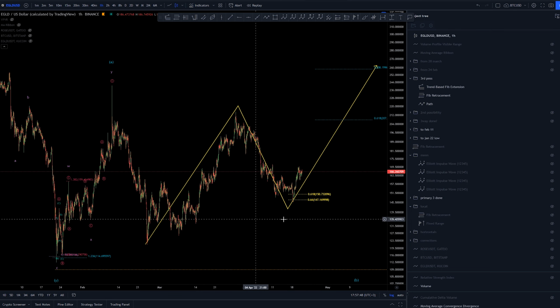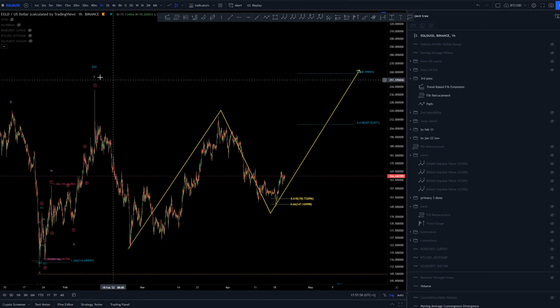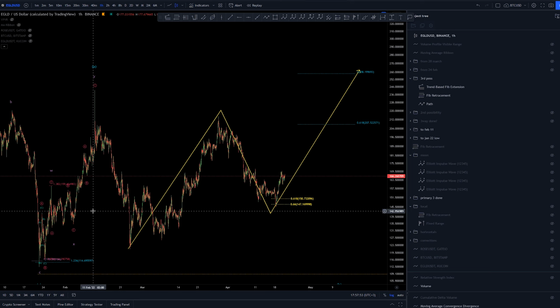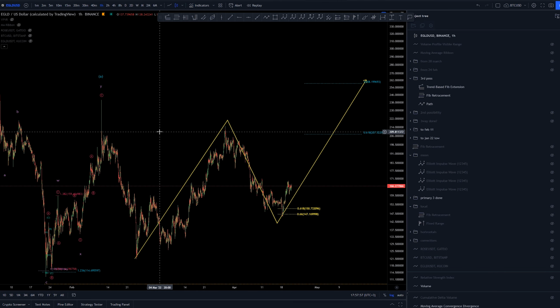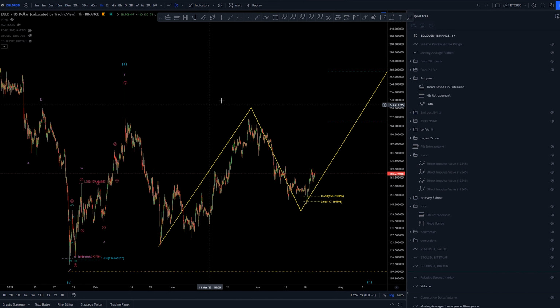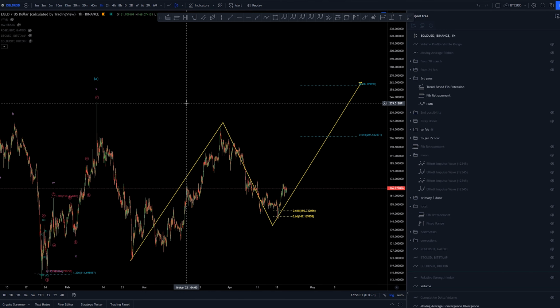And again, not sure if it is part of the current structure here, but we will see as time moves on which one of these is getting invalidated.